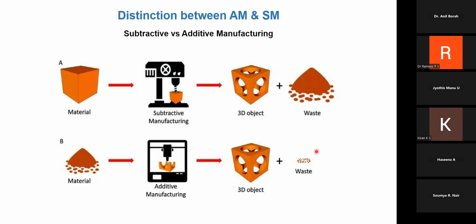So you will get the 3D final object from the machine. At the meantime, the byproduct, that is what you call waste, will be very, very minimal. Sometimes it is negligible when compared to subtractive manufacturing, right? So this is the greatest advantage for going for additive manufacturing, right?